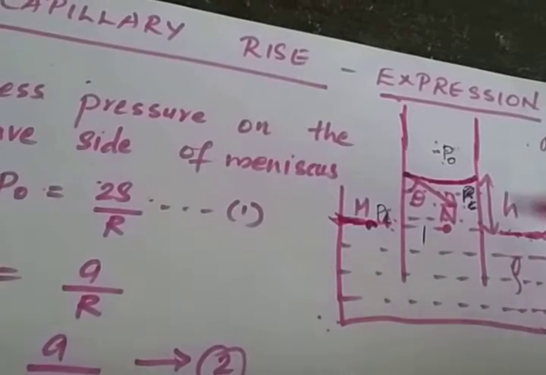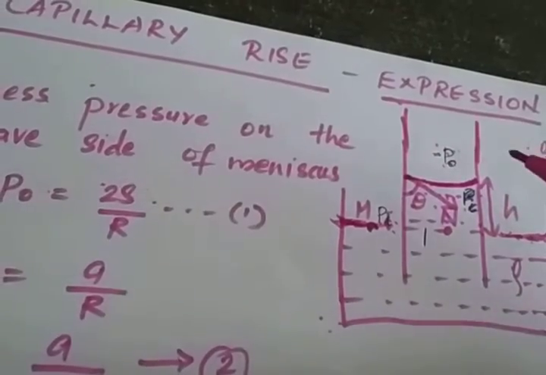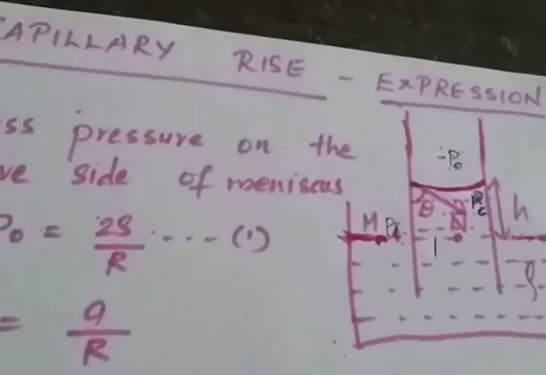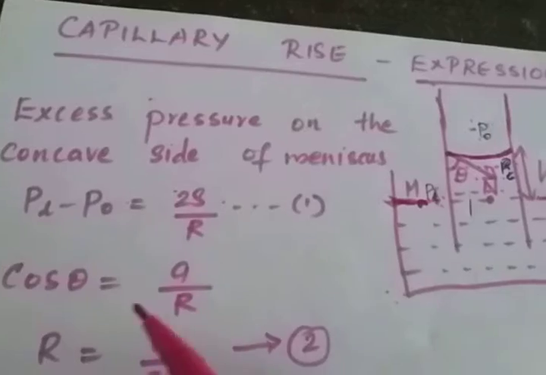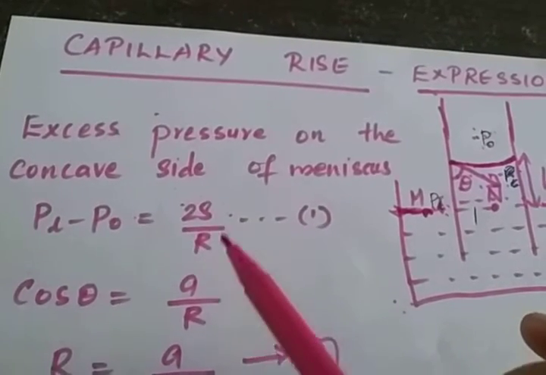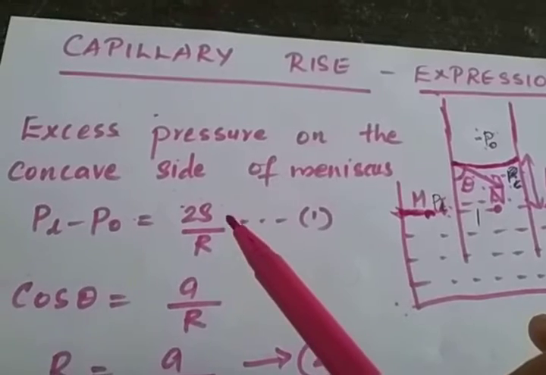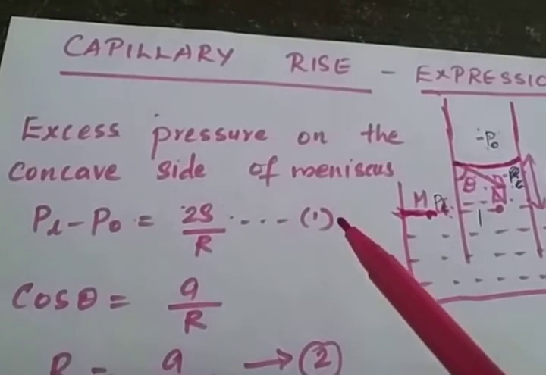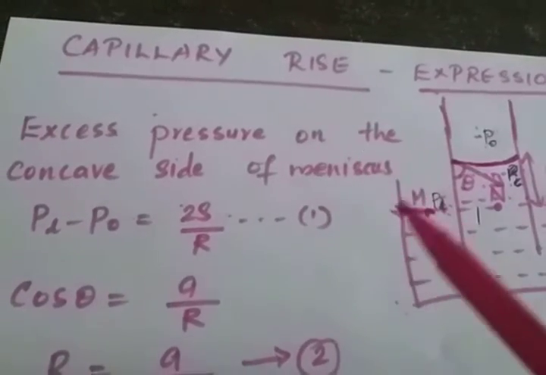So the excess pressure on the concave side of the meniscus can be written as, just now we had discussed an expression for pressure difference. What is that? Pi minus Po is equal to 2S by R. So here R is the radius of that meniscus.